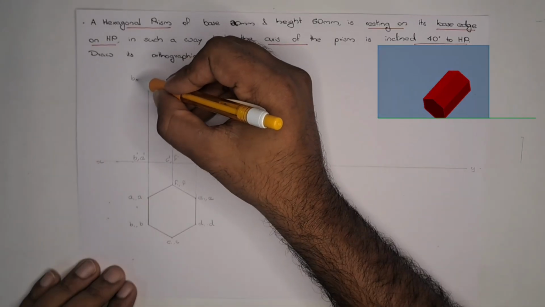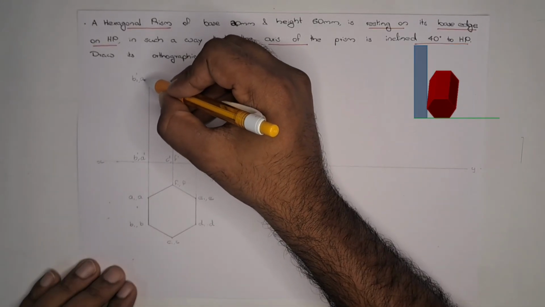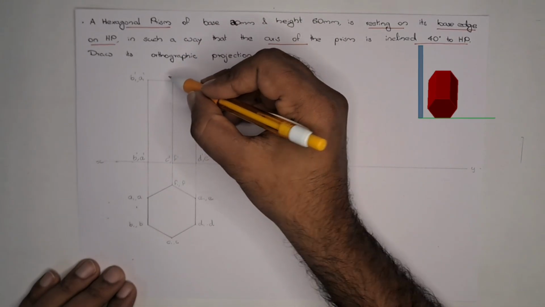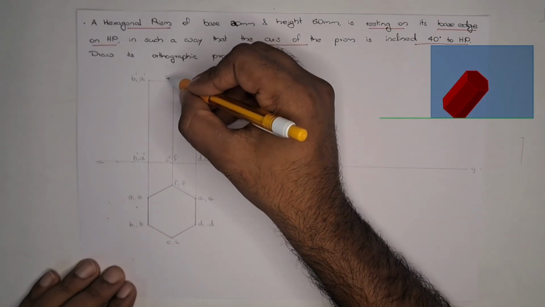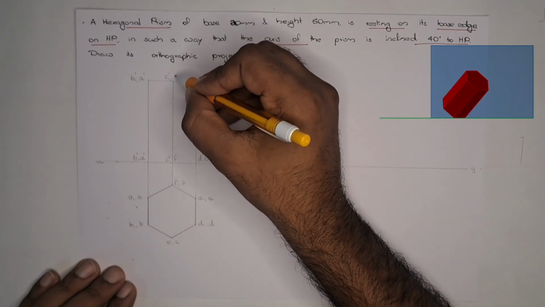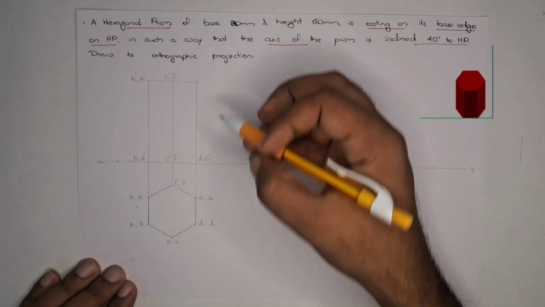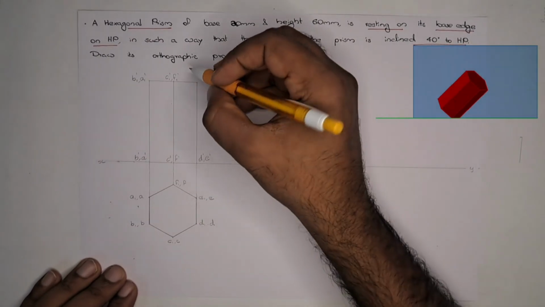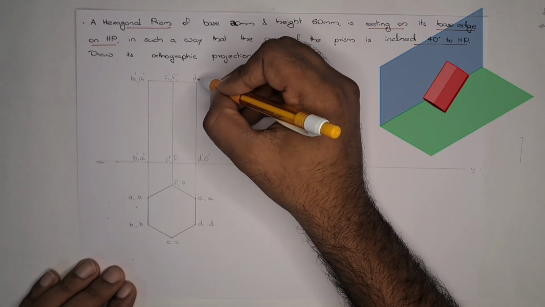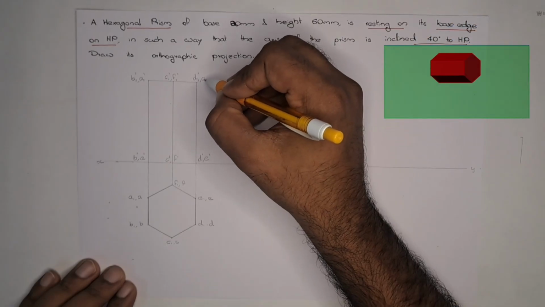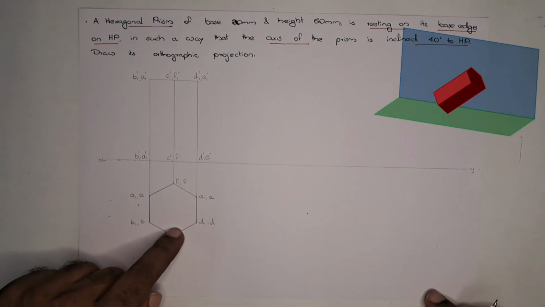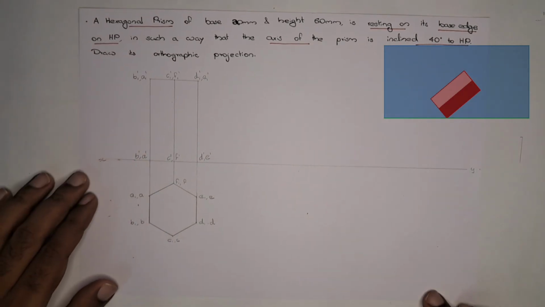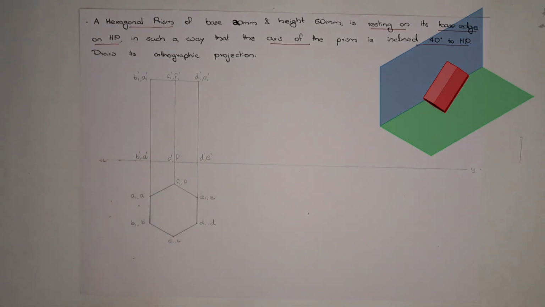So B1 dash comma A1 dash, then C1 after F. So the elevation point is C1 dash comma F1 dash, then D after E. So D1 dash comma E1 dash. So this is the front view and the top view of the hexagonal prism.